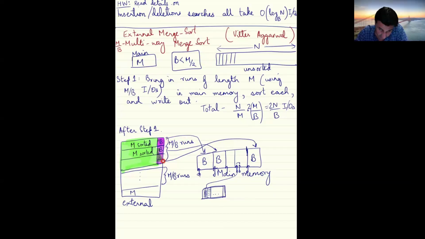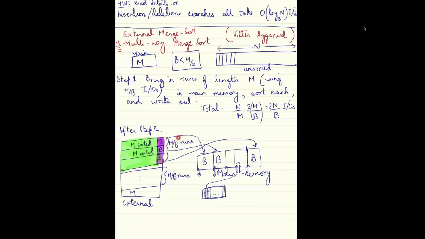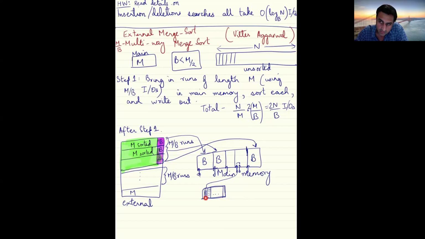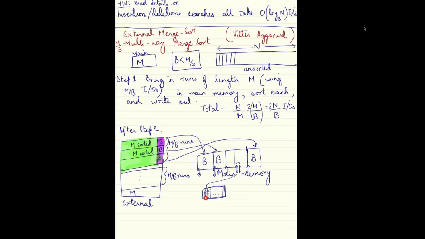So I take the M over B runs and bring in the first blocks. Then they are sorted, and where do they go? Write them out. Write them out where? Do you need an extra disk or memory? I don't think I'm following.